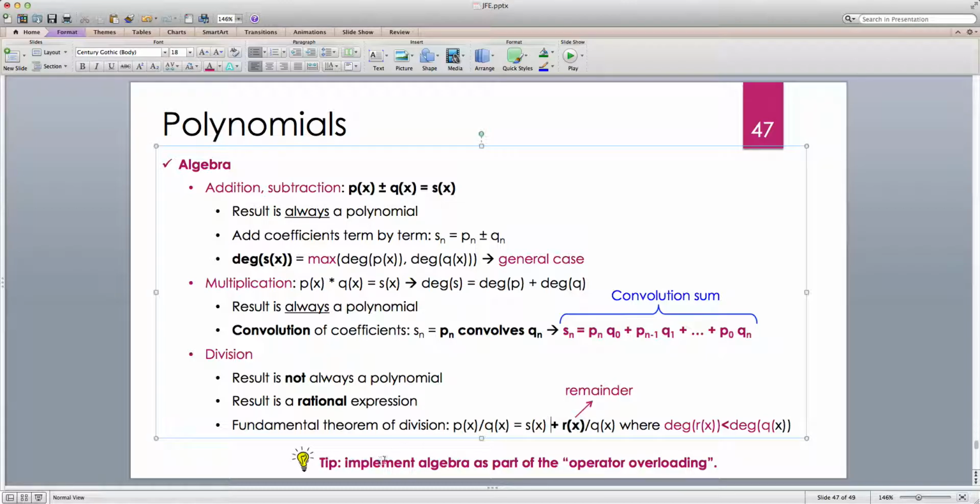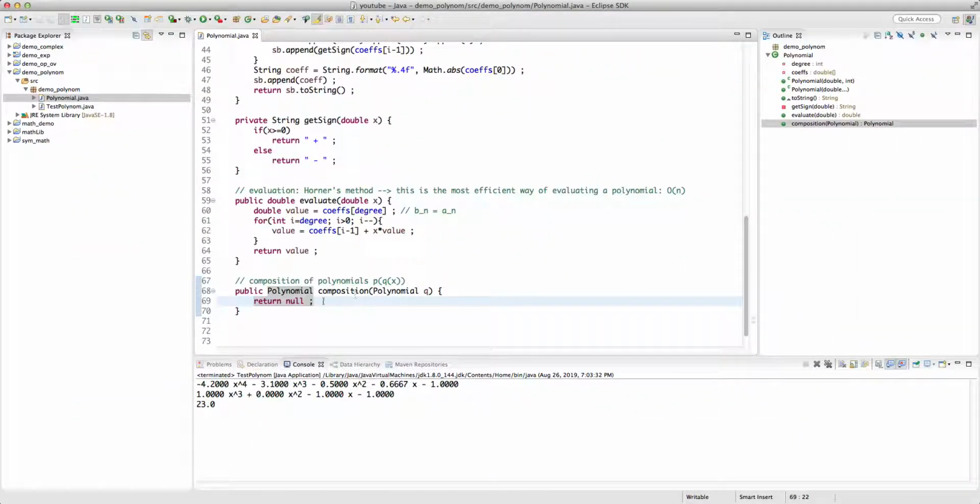So the tip here is that eventually we want to implement the operator overloading for polynomials as well, because these are some sort of functions. And we can implement this algebra as part of the operator overloading. So in order to do that, I'm going to go to Eclipse.